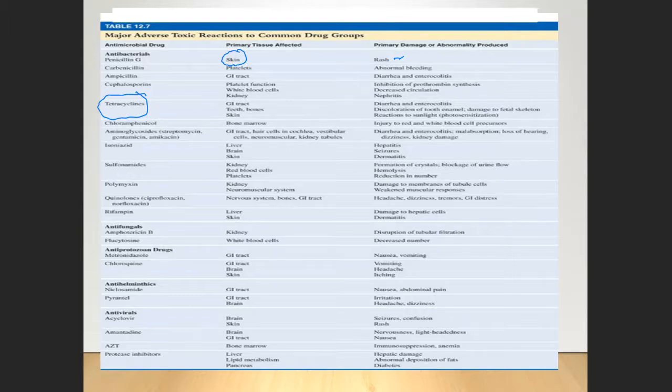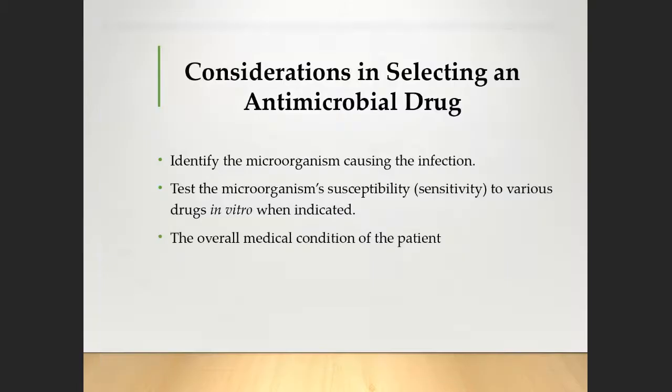So the teeth become yellow with longer use of tetracycline. So this is again a list of side effects on our body caused by antibiotics.